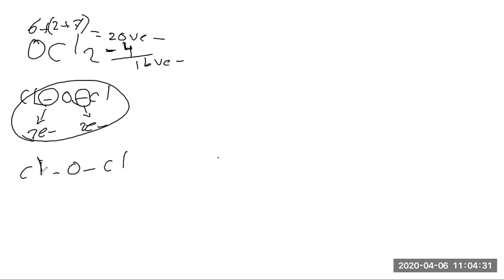Now, make the terminal atoms, the atoms on the side, achieve the octet rule. Cl needs 6 valence electrons. This Cl, 6 valence electrons. So I use 12, minus 12. What is left? 4 valence electrons. Now, put these 4 valence electrons on the central atom as lone pairs, guys, always.